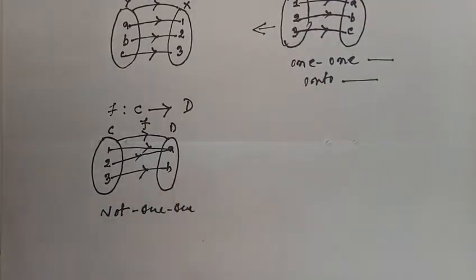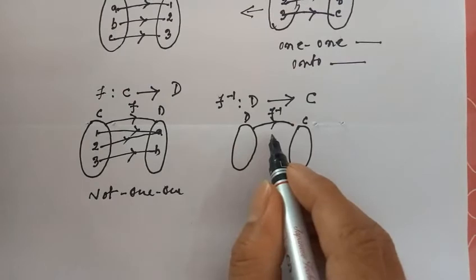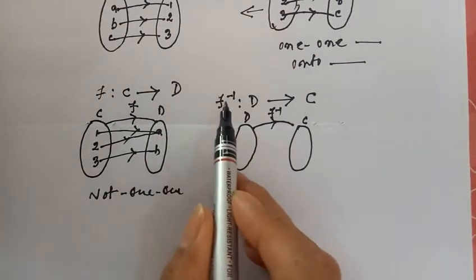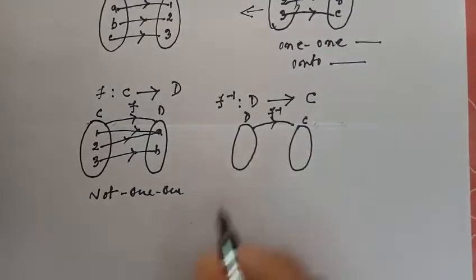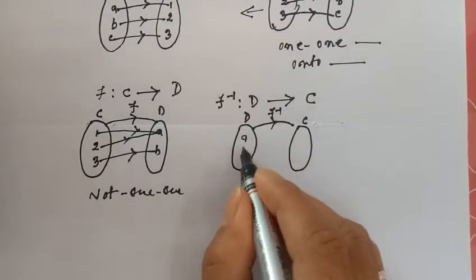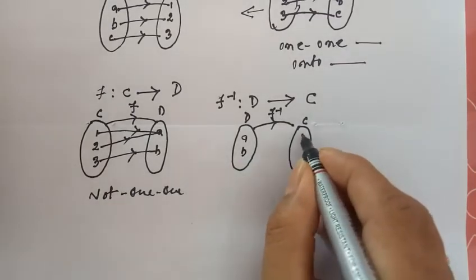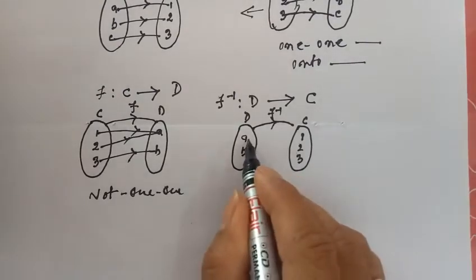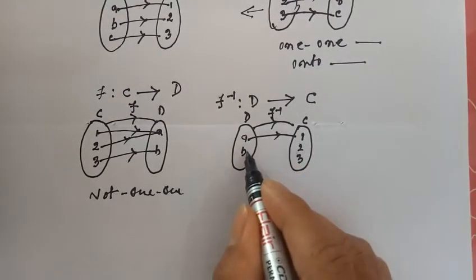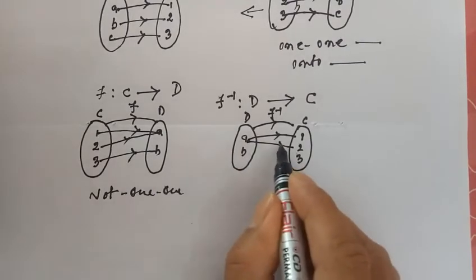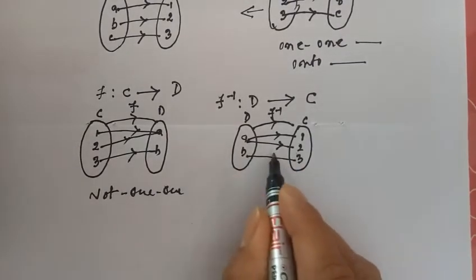Let's check. As you see here, I write the inverse of this, f inverse from D to C. So let's check whether it's invertible or not. Here D means a, b, and the elements of C are 1, 2, 3. a relates with this and also with another, and b relates with c.